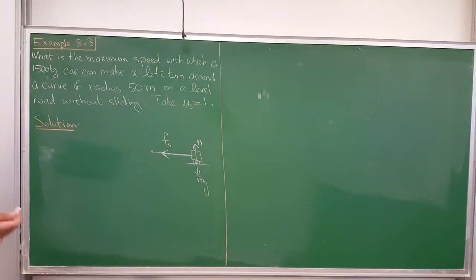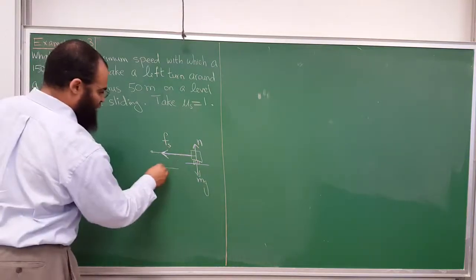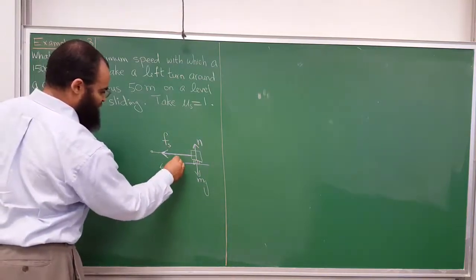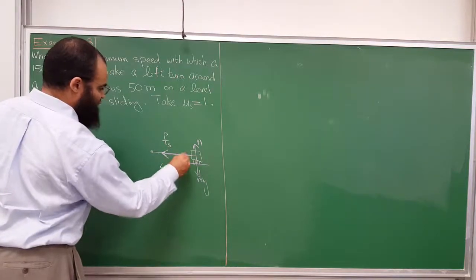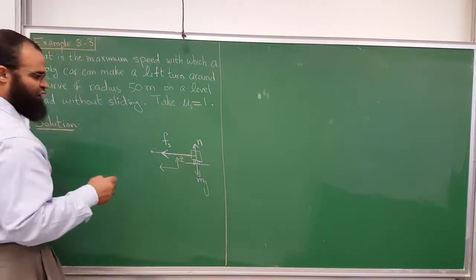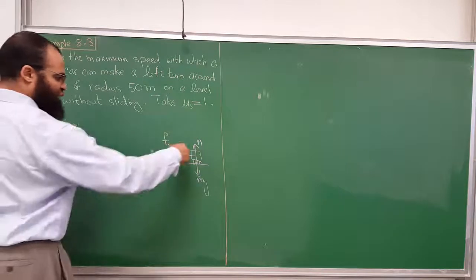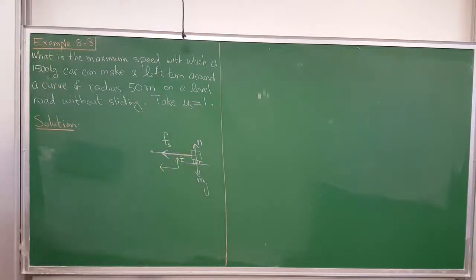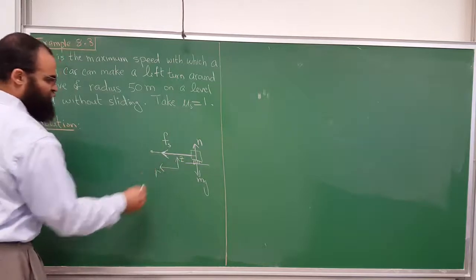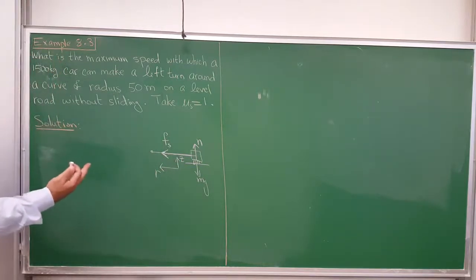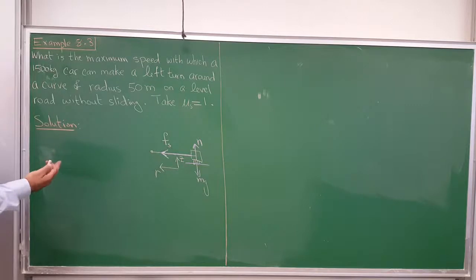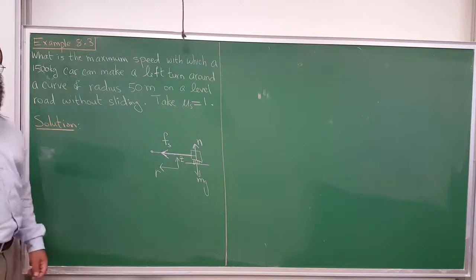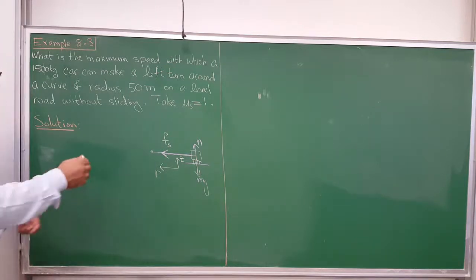Okay. So that's the R direction, and this is the Z direction. And if you're wondering what is the T direction, it will be into the board because it's tangent to the circle, counterclockwise. So if the car is about to start sliding, it means the force of static friction has reached its maximum. Remember, force of static friction takes values between 0 and some maximum.